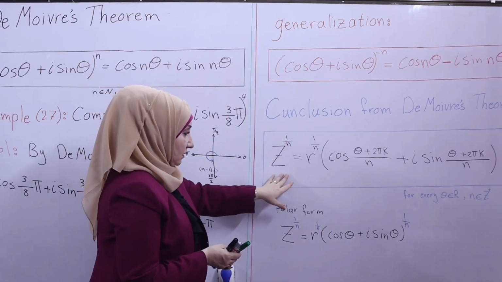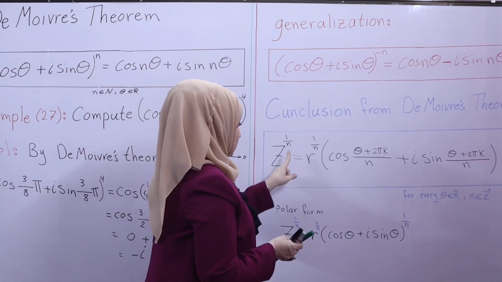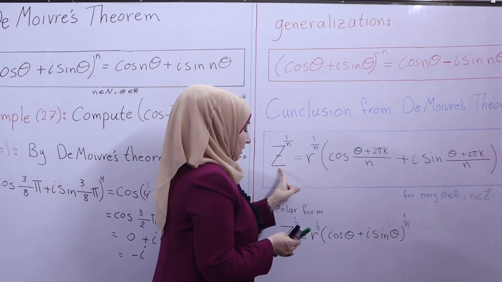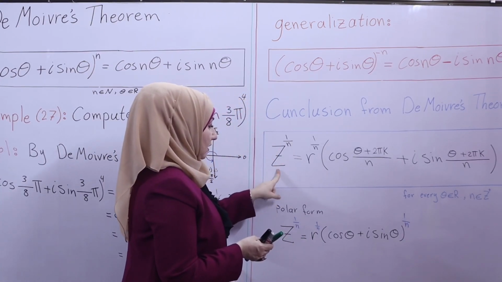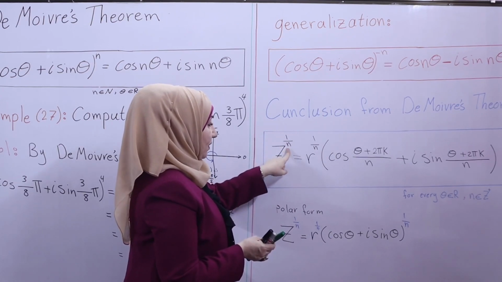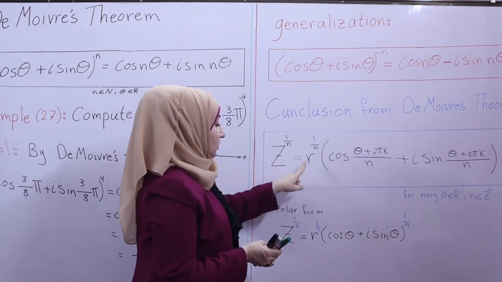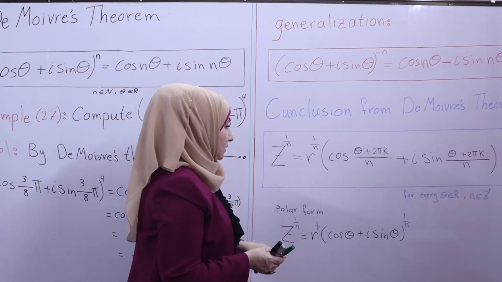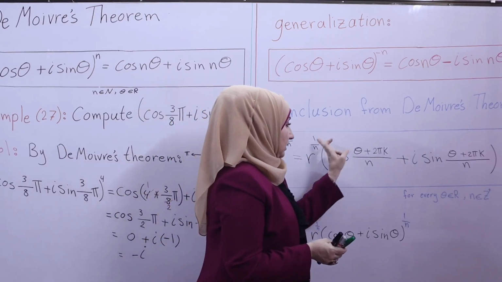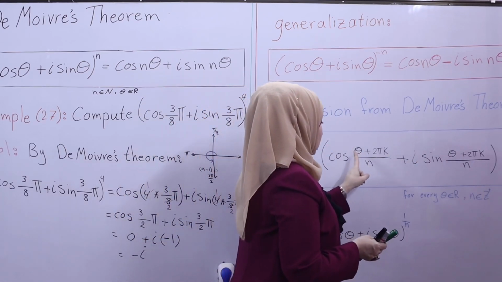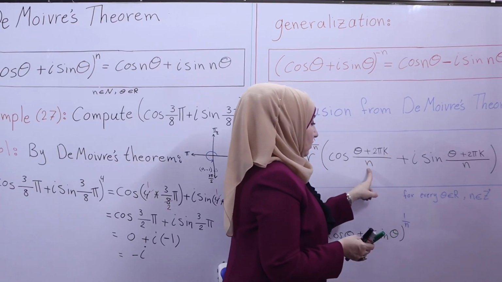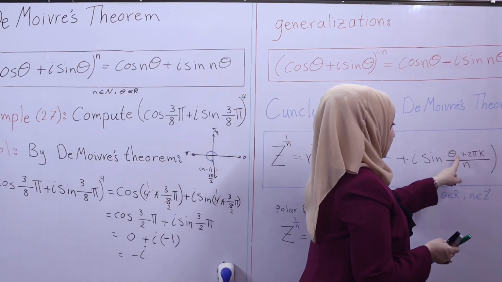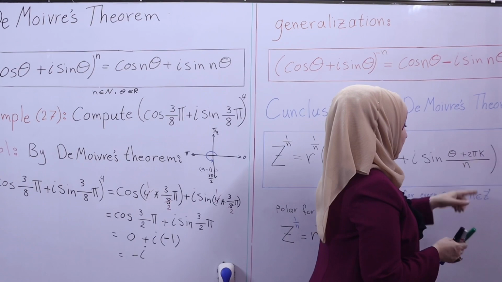Third law, if we raise the complex number in the polar form, if we raise the complex number z to the power 1 on n, it will be r power 1 on n, and we have cosine theta plus 2 pi k on n plus I sine theta plus 2 pi k on n.